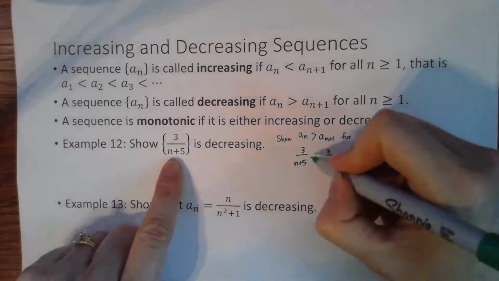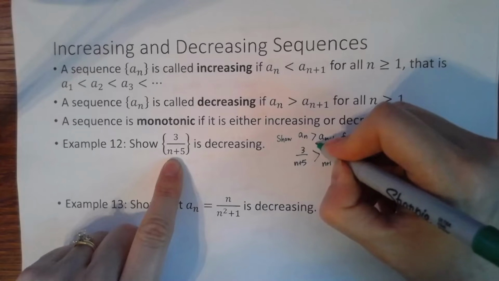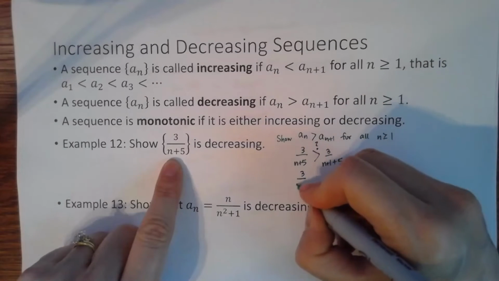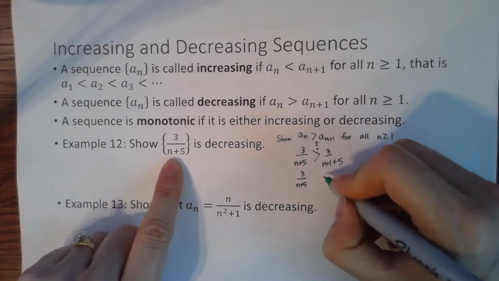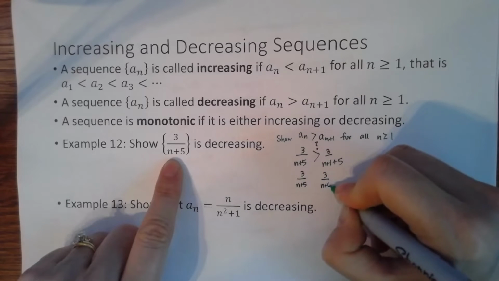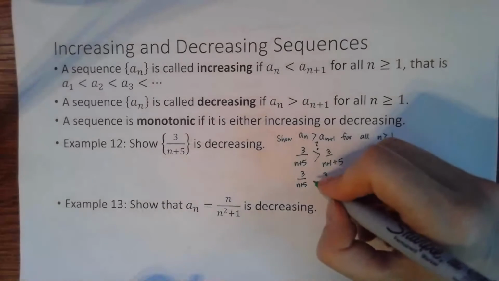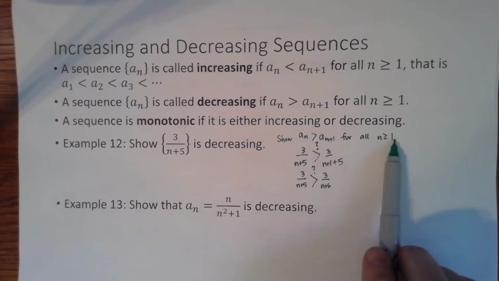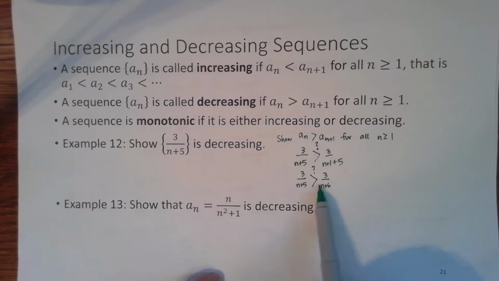We want to compare these two and ask ourselves, is that actually greater than? So this is 3 over n plus 5, and this is 3 over n plus 6. The question is, is 3 over n plus 5 greater than 3 over n plus 6? Yes, it always has to be true. For all values of n greater than or equal to 1, the denominator here will be larger than the denominator there.